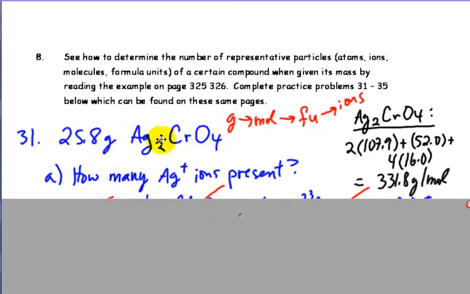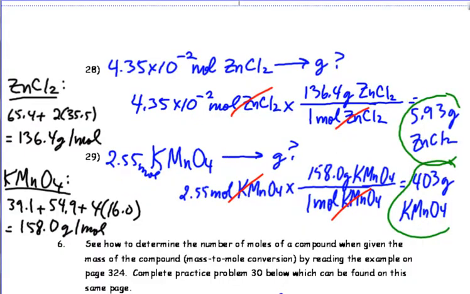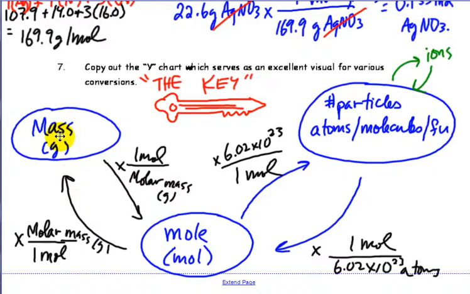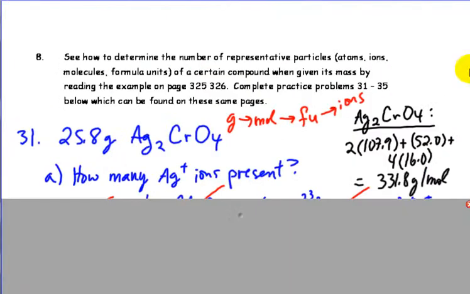Since this is a metal and a non-metal group, we call this a formula unit. It's not an atom, it's not a molecule, it's an ionic compound, so it's a formula unit. So the path here: grams to moles to formula units to ions. It's going to be a 3-step conversion. We need to find the molar mass, use that conversion, and then use the formula to figure out how many ions there are.